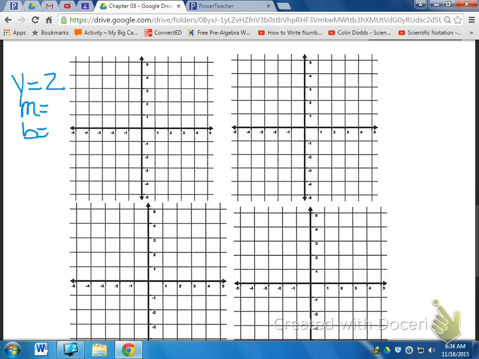What's the slope, Tori? 0, and then the y-intercept is whatever number's there, which would be 2. When this happens, you put your point at 2. Since the slope is 0, think of a slope that is completely horizontal, would be 0. So that would be the line when you just have y equals a number. It's a horizontal line through that number.